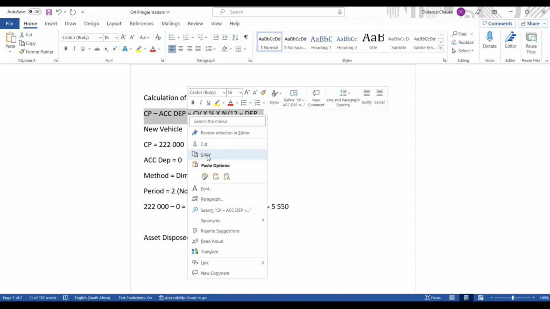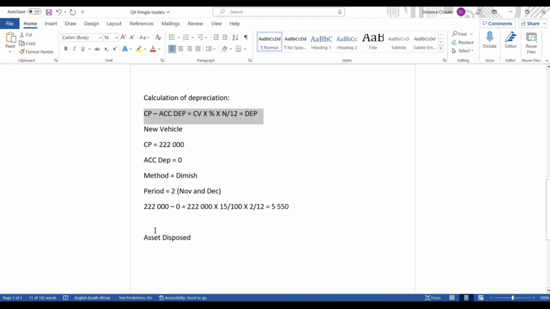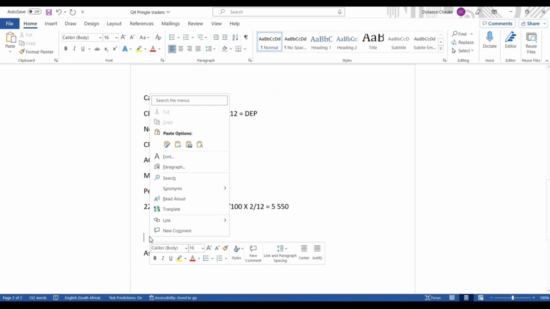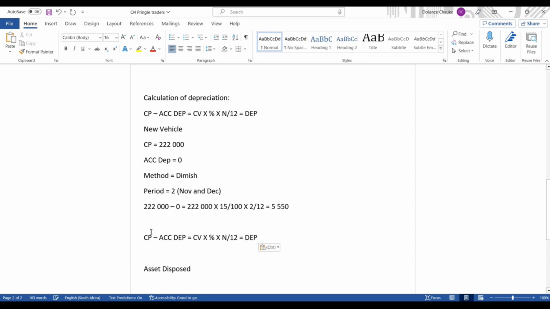I'm just going to copy and paste this method and follow that method for the disposed. This one was for the new. Now we're doing the disposed. We're still going to follow this method.